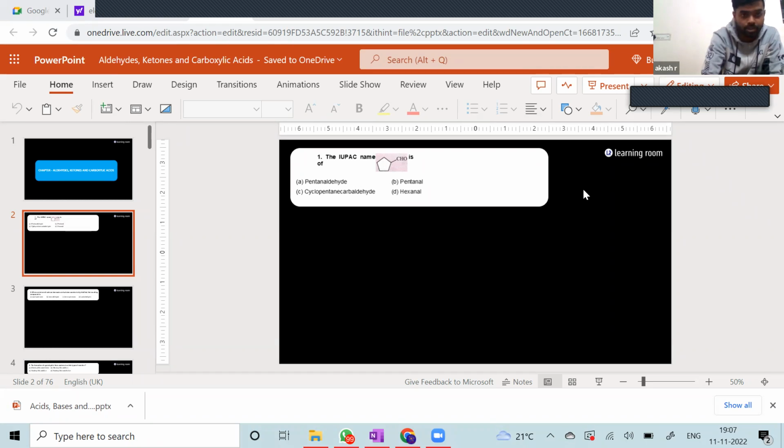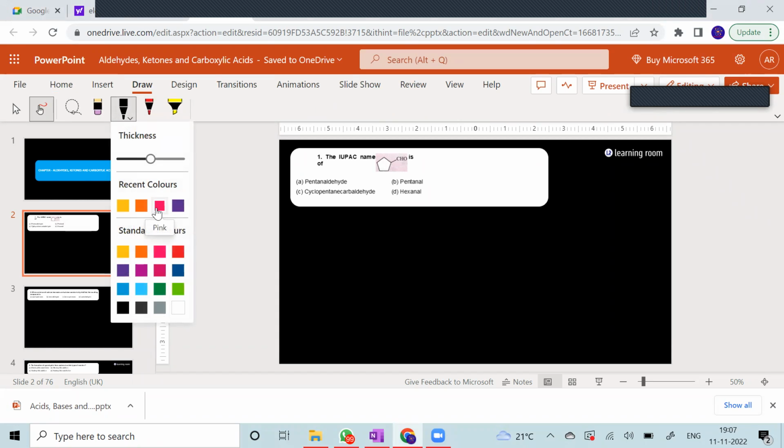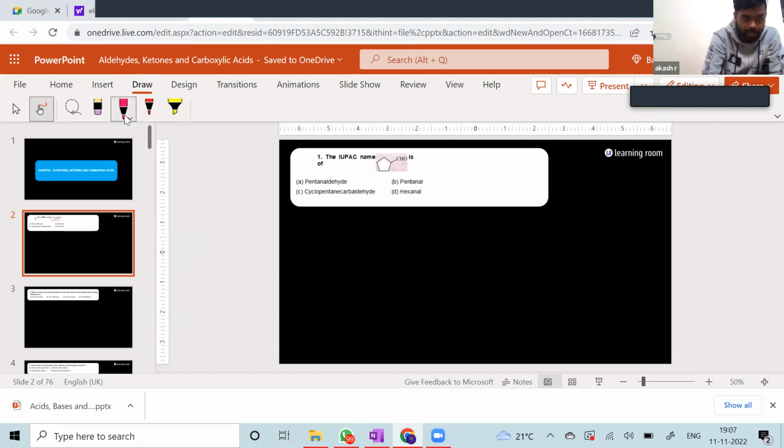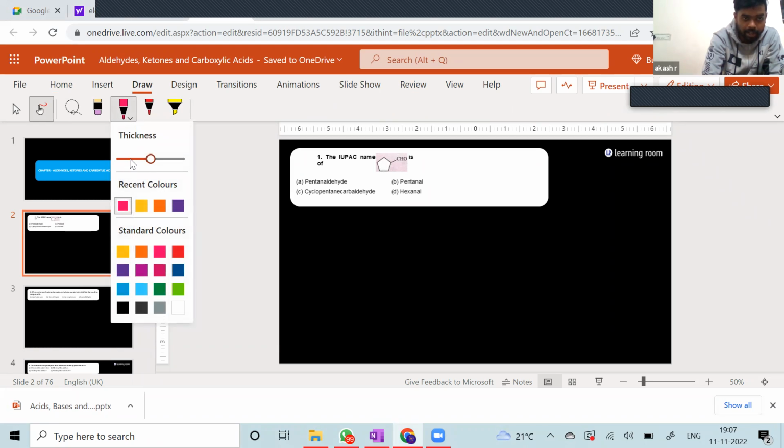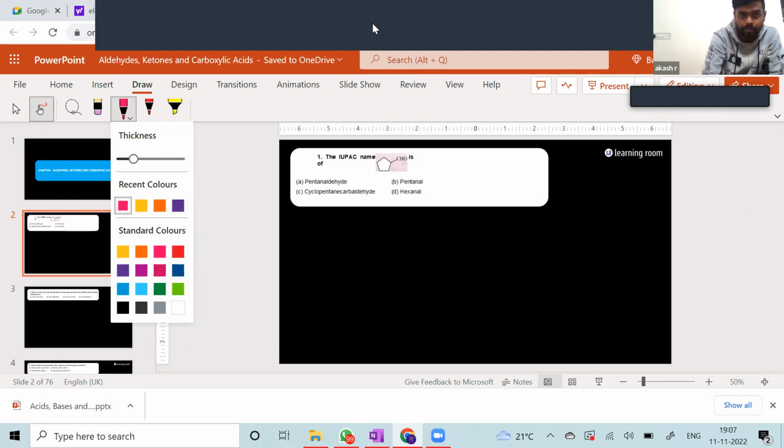So if I have to just draw it and show it to you again. Sir, option C. Yeah, cyclopentane carbaldehyde is the answer. Yes, absolutely. Option C is the answer.